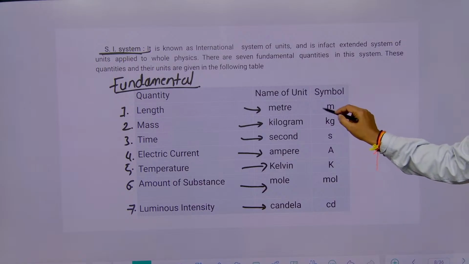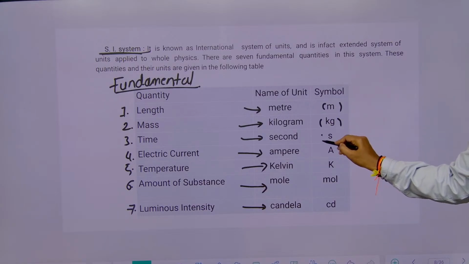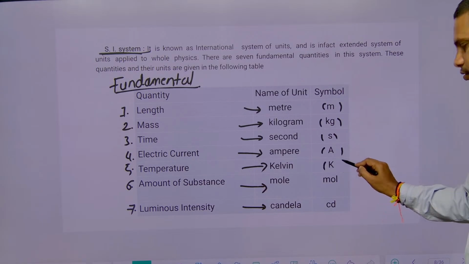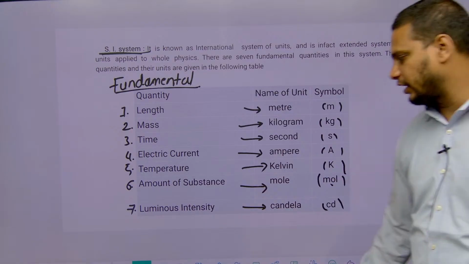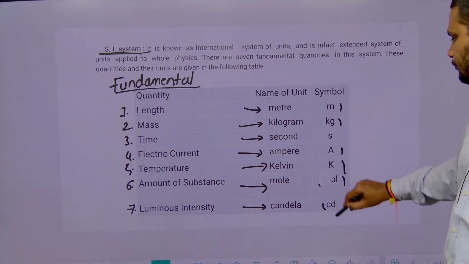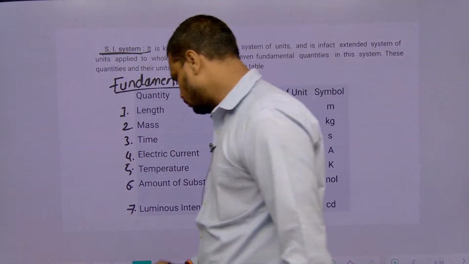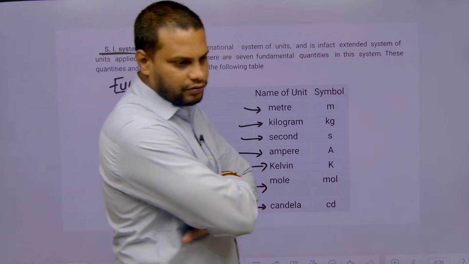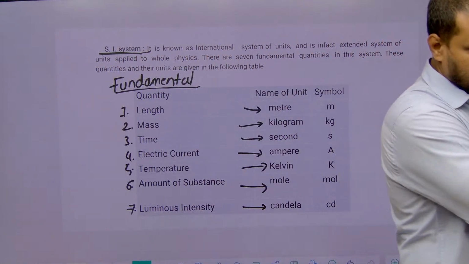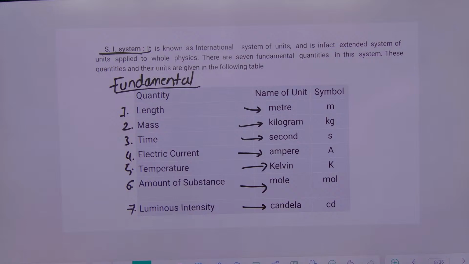And the symbols are m, kg, s, A, K, mol and cd. cd means candela. So these are the fundamental physical quantities based on the SI system of units, and their units.